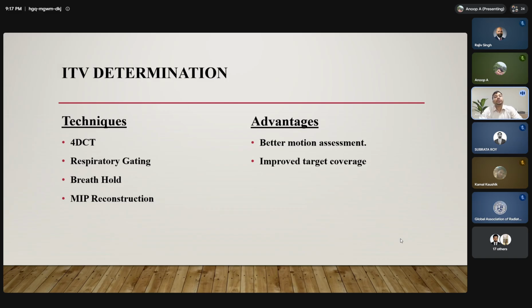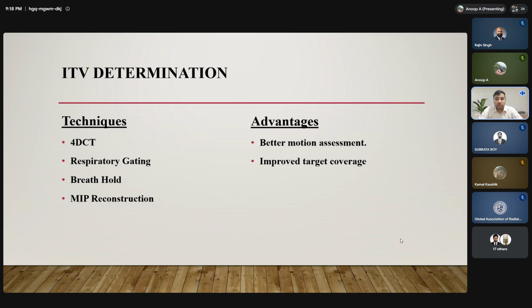For ITV determination, we use techniques such as 4DCT, respiratory gating, breath hold, and MIP reconstructions. How do doctors create the ITV? To map out the ITV, doctors need to capture the tumor in action. For lung cancers, they often use a 4D scan, unlike a standard static 3D scan. A 4D scan records the patient's breathing cycle over time.